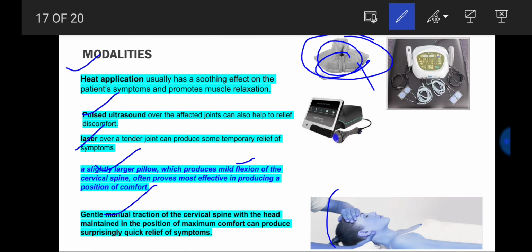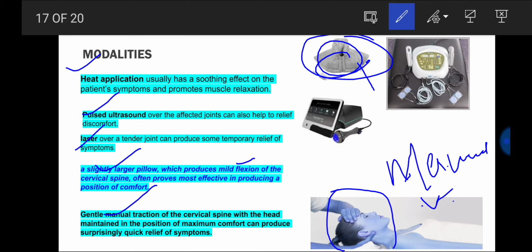Gentle manual traction. So here you see in this picture, gentle manual traction. First we give manual traction, then we proceed to the mechanical. First is the manual, then mechanical. With the head maintained in the position of maximum comfort, it can produce surprisingly quick relief of symptoms.